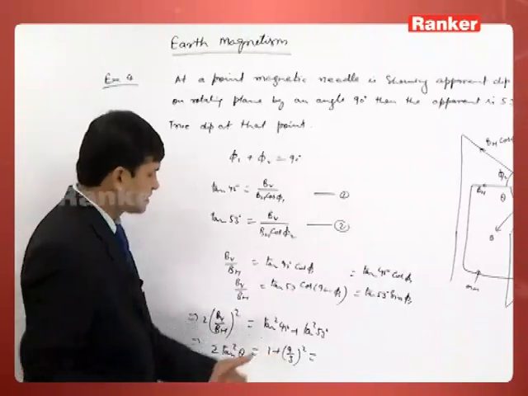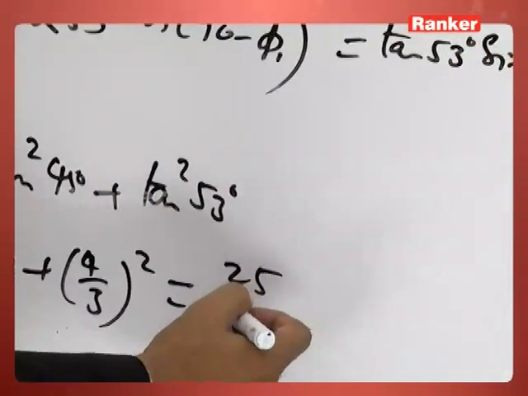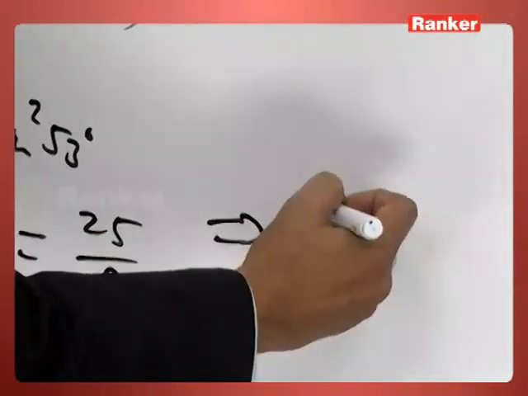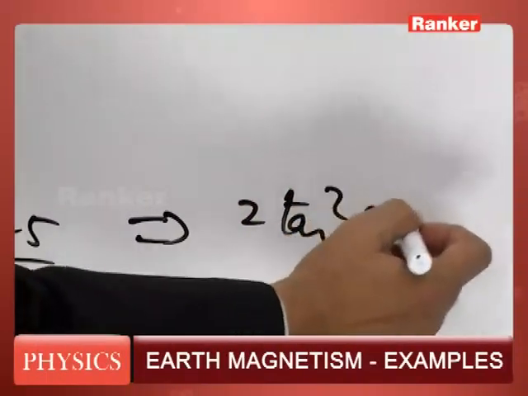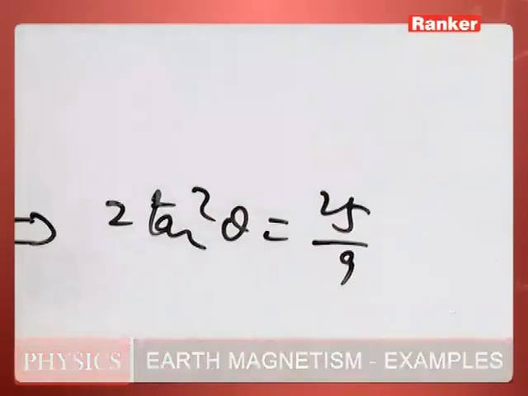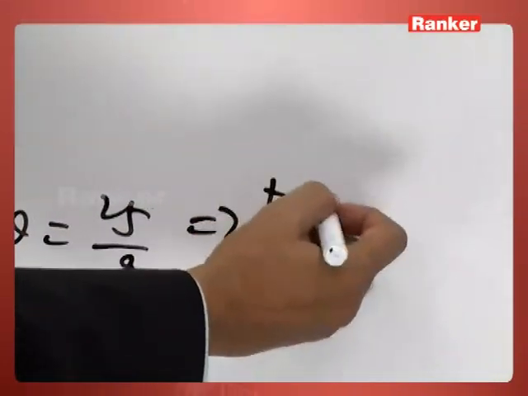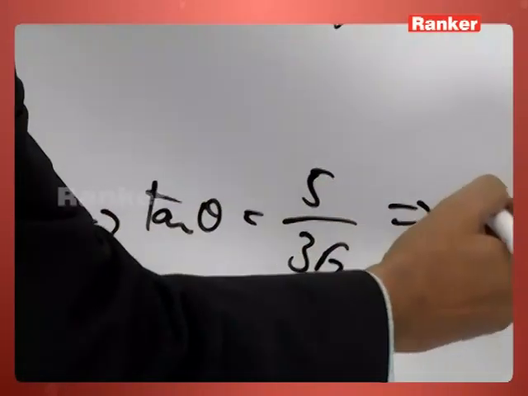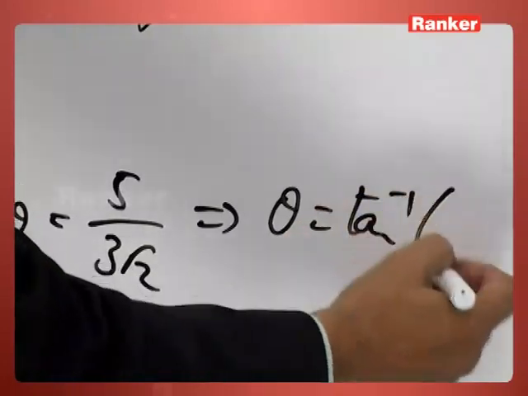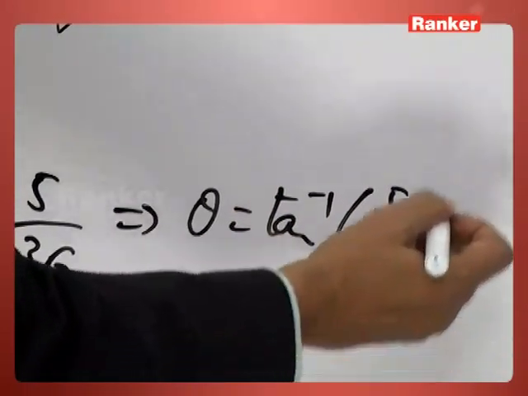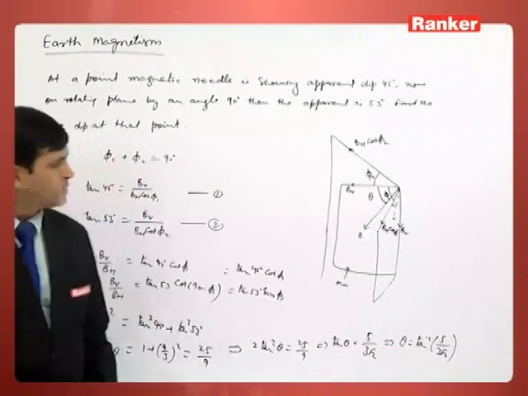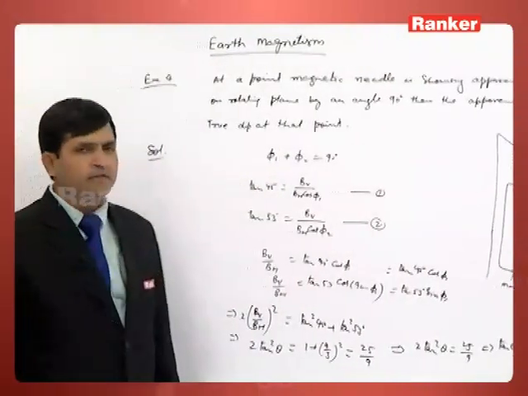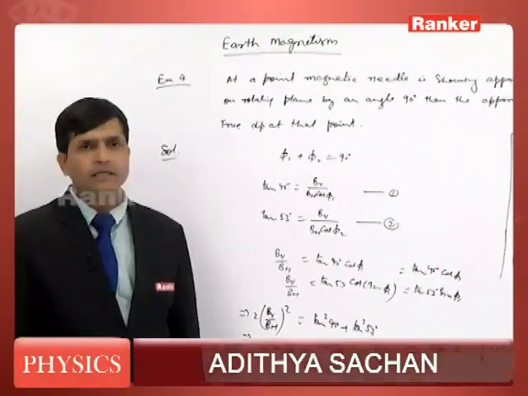So this will be your 25 by 9. So from here we get 2 tan square theta is your 25 by 9. So tan theta is 5 by 3 root 2. So this gives us theta is equal to tan inverse of 5 by 3 root 2. So this is the true dip angle. So likewise we can solve different types of problems based on earth magnetism.